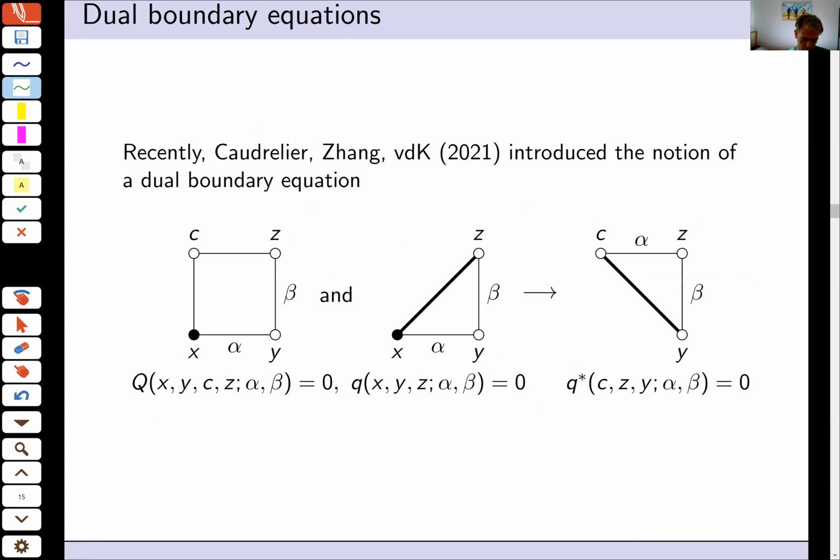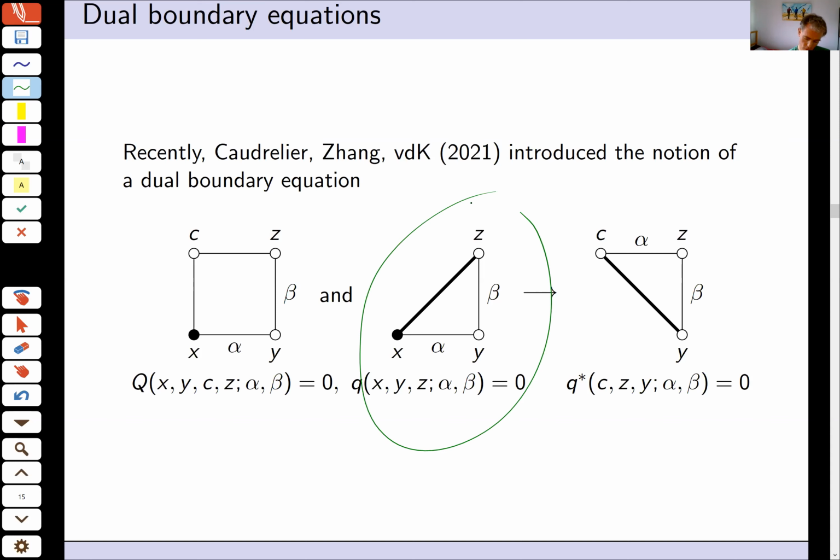Boundary equations have a couple of properties, and they are fractional linear, or multi-quadratic relations. They have some kind of symmetry where if I interchange, for example in this quad, x and z, I should get the same relation with alpha and beta interchanged. And there is a non-degeneracy condition.